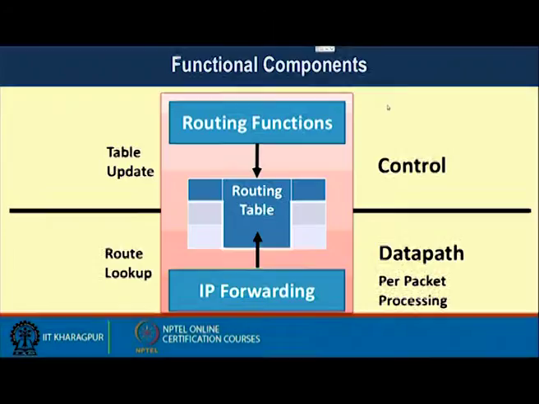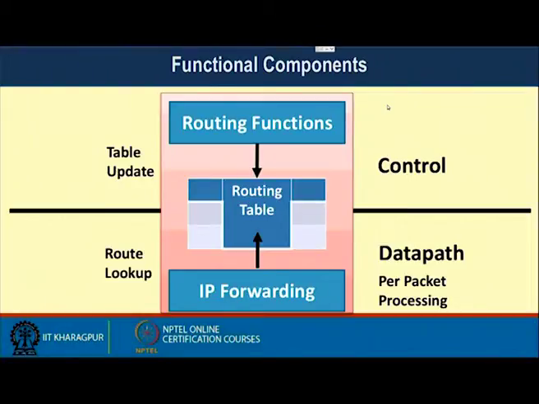So, in the router control path we have these routing functions or routing protocols, which we will look at in subsequent lectures in detail, and they help us in constructing the routing table. And then at the data path level, we do the per packet processing.